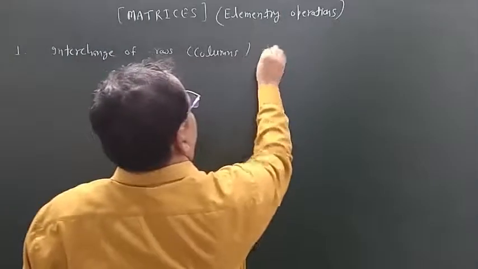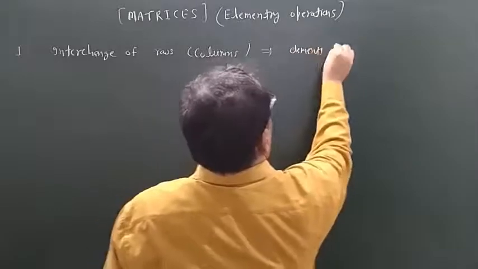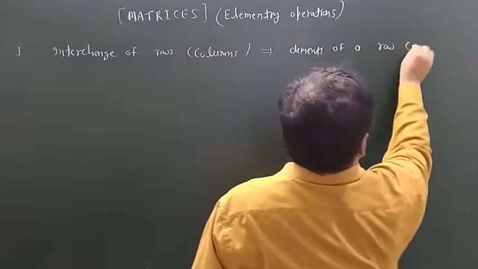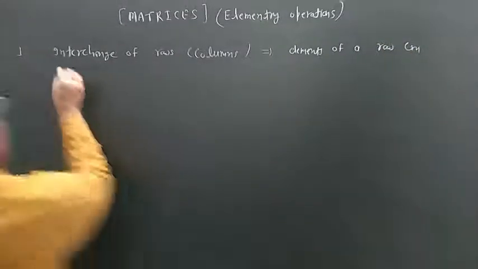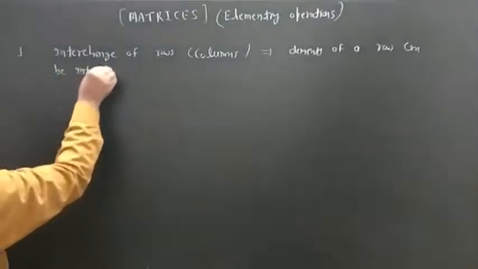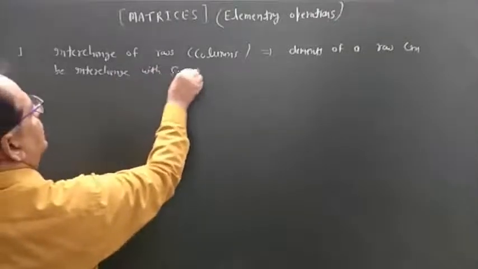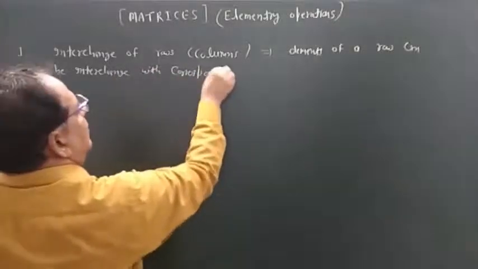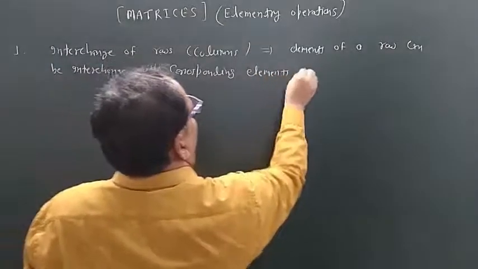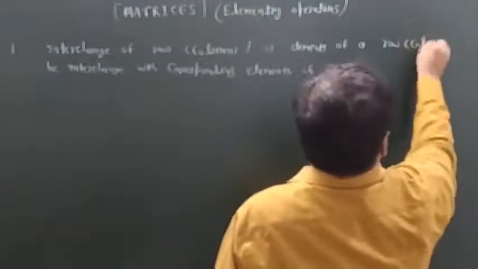This means elements of a row can be interchanged with corresponding elements of a row or column also.